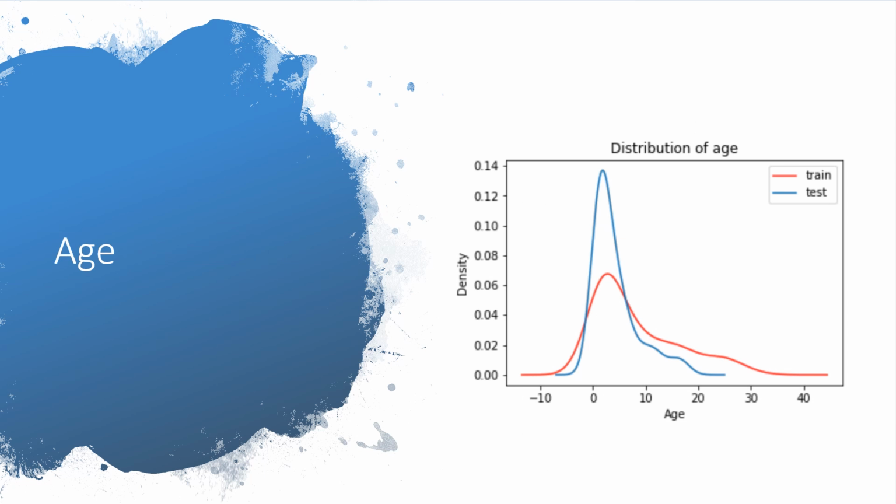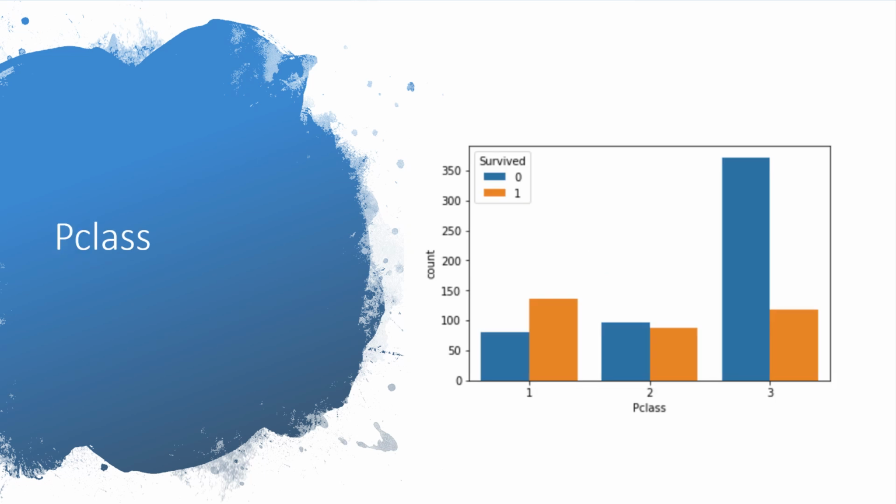First we look at age. We want to see whether age has an impact on the survival rate. From here we can see that from age 0 to around age 12, the children have a higher survival rate than the adults and the elders. Pclass means how much money they paid to get into which class of the ship.